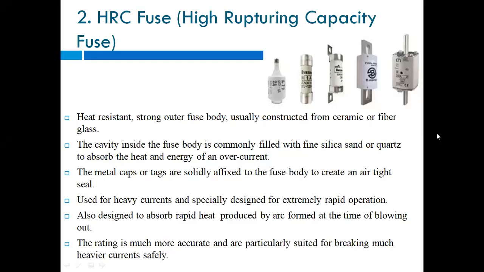They have a high current rating. For every fuse there is a current rating, and these fuses have a very high current rating, and are mostly used in industrial applications. Their disconnection time is very low, because we have seen the inverse time current characteristic.